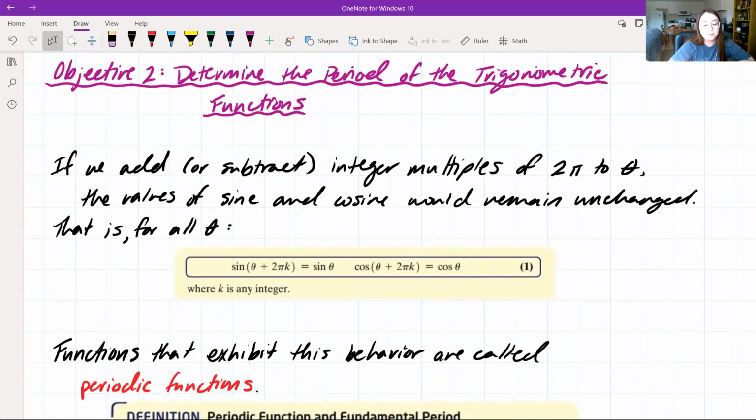All right, so objective 2. We want to determine the period of the trigonometric functions. If we add or subtract integer multiples of 2 pi to theta, the values of sine and cosine remain unchanged.